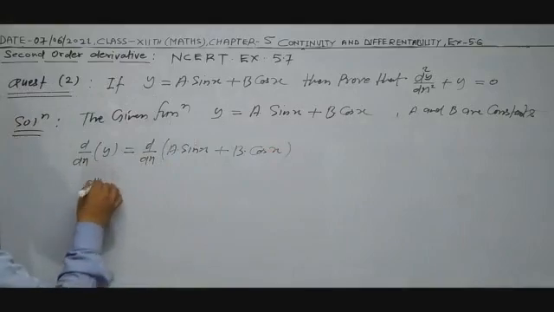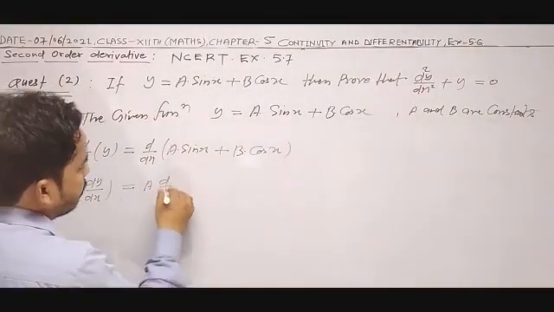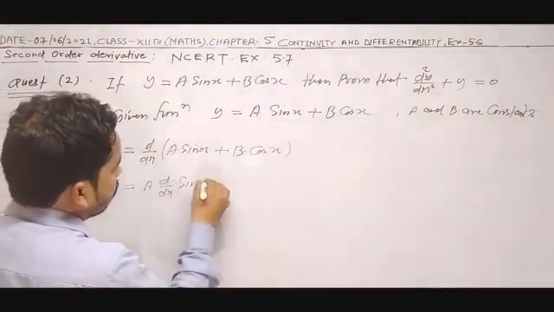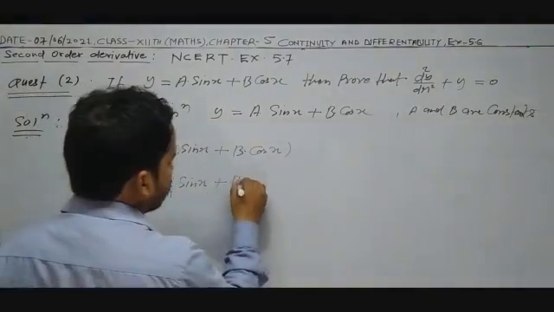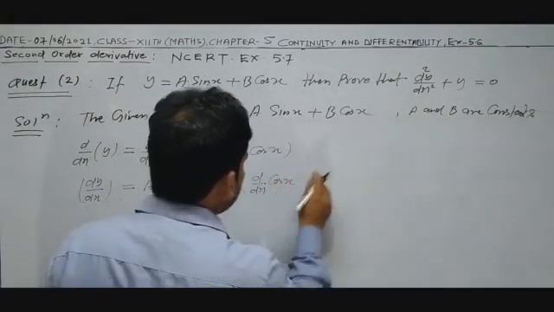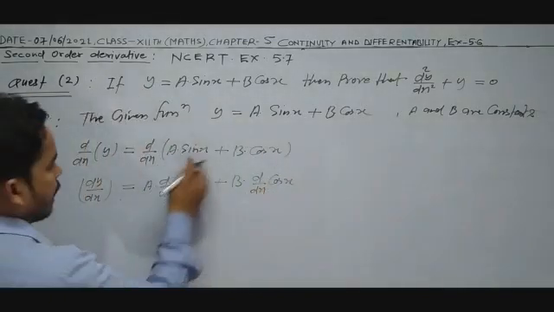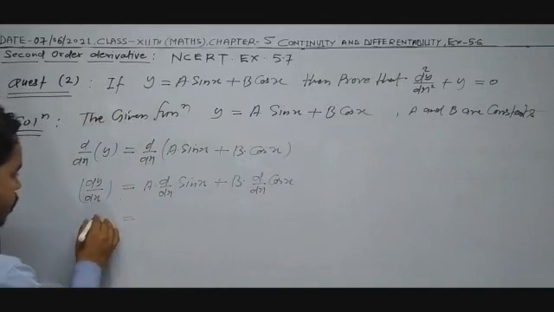This is the value: dy by dx is equal to a times d by dx of sin x plus b times d by dx of cos x. So you know sin x differentiation is cos x.